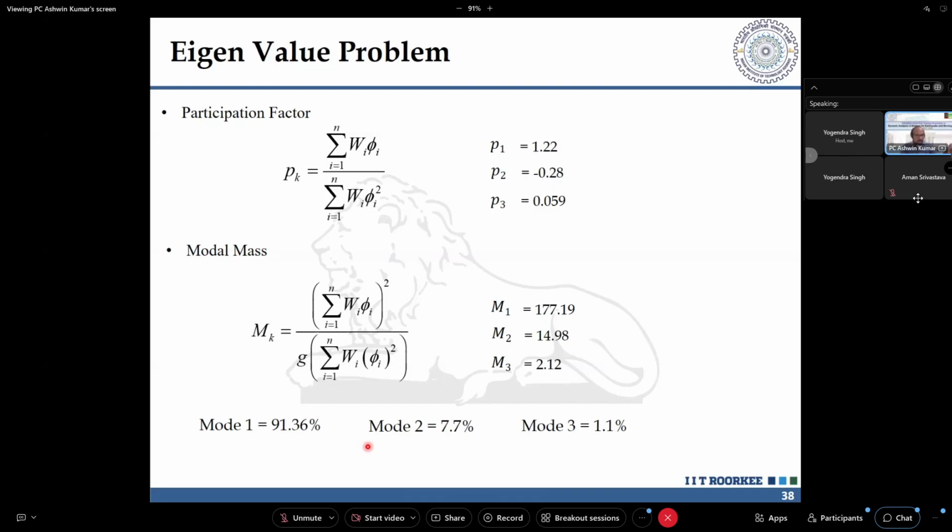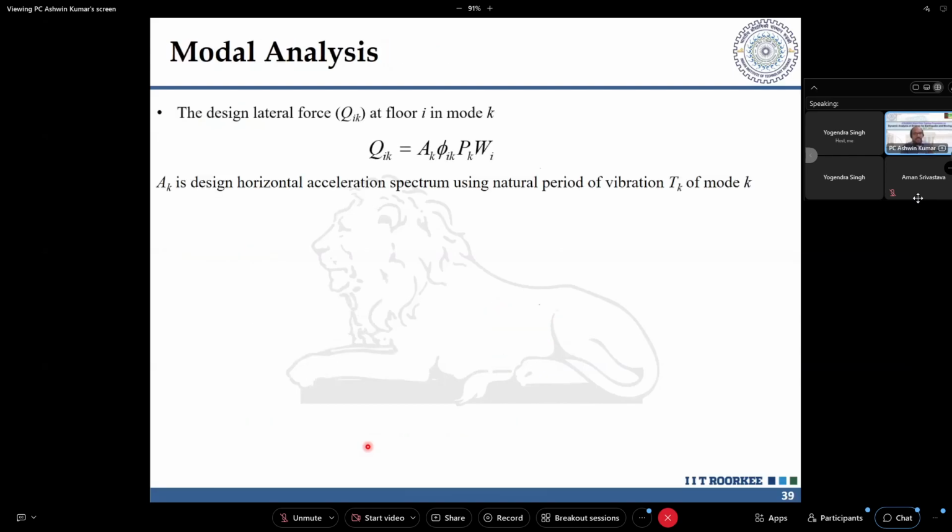So there is the participation factor and the modal mass. Once I've understood my modal mass, this is what I do with the participation factor. If I need to find the design lateral force, mass into acceleration gives the force, the dynamic or earthquake force that we want, as in Ah into W. You have the acceleration coefficient, you have W, and the mode shape has to come in, right?